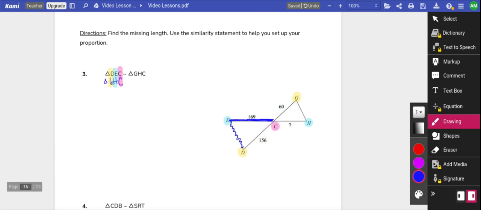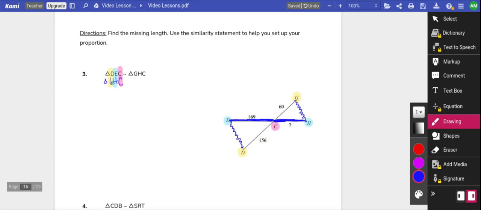And then I'm going to read my other triangle name, G to H with a squiggle, and then over to C with a thicker line. Now, in each of the triangles, the squiggly lines are corresponding sides, the thicker lines are corresponding sides, and the sides that don't have any markings on them are also the corresponding sides.